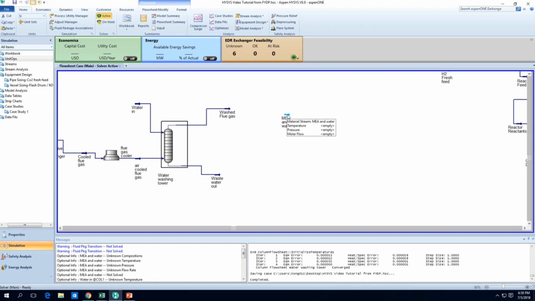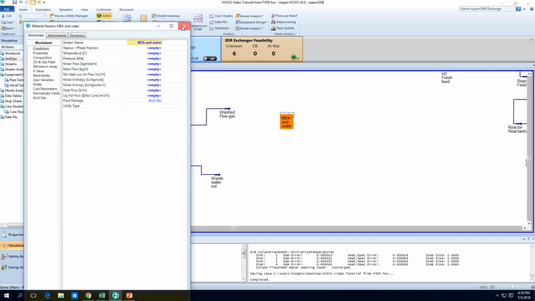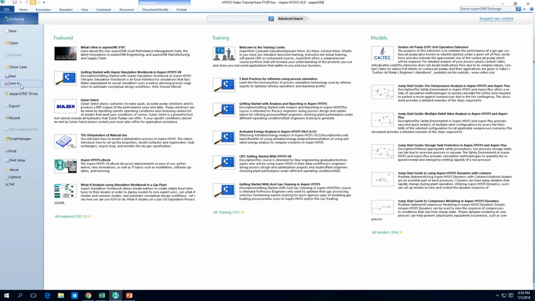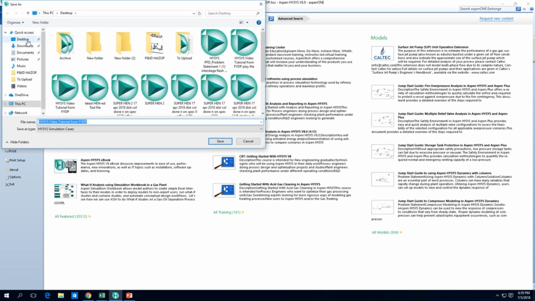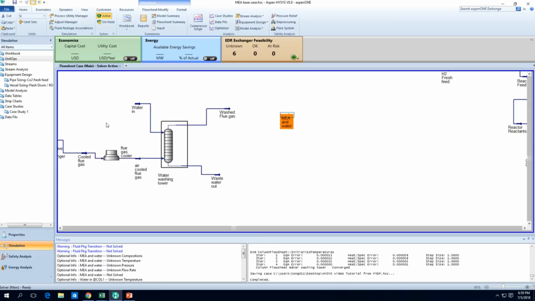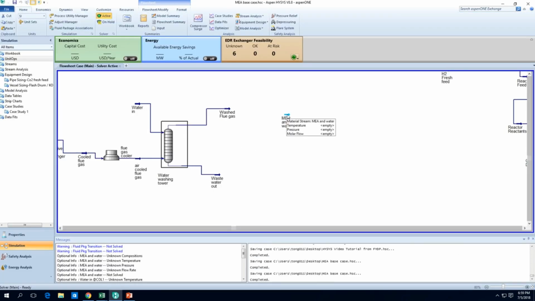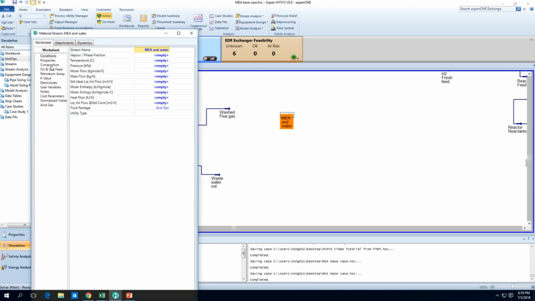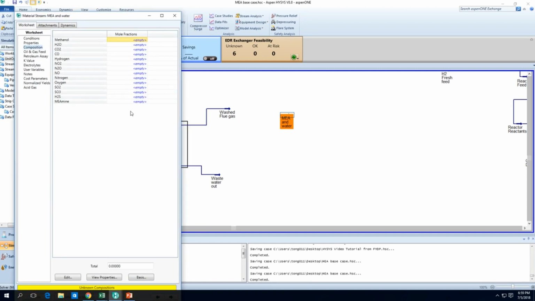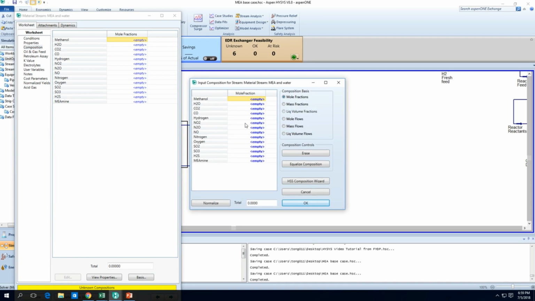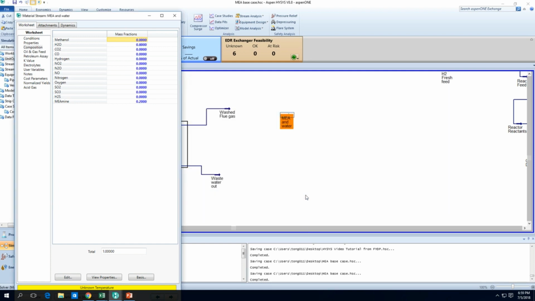So we have this one, MEA and water. I'm just going to save this as the MEA base case, monoethanol amine base case. Okay, so let's do 20% MEA by weight, mass fraction 20%, and the remaining being water, and you just press OK.